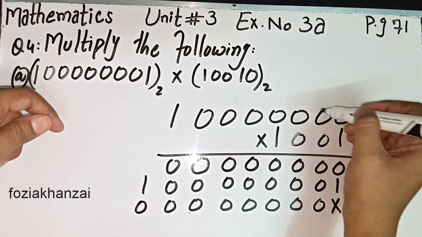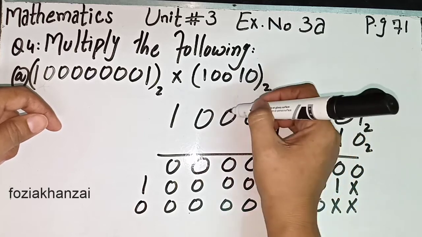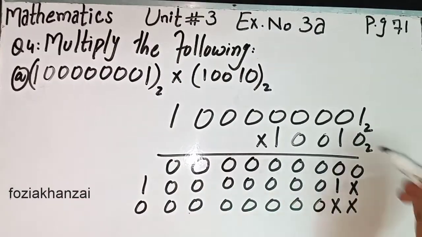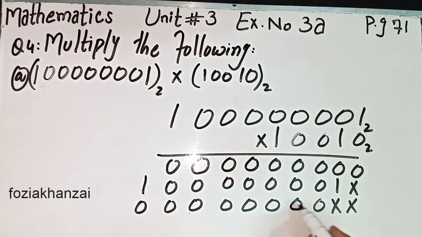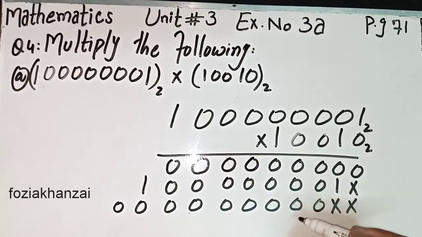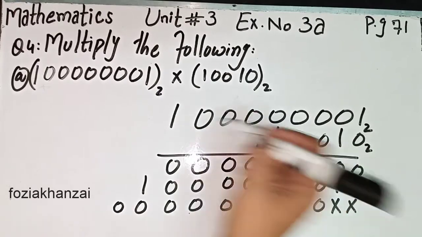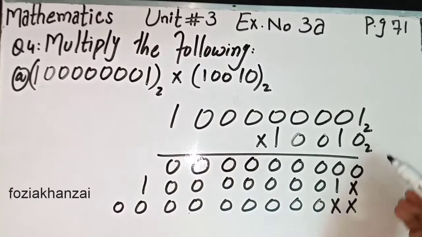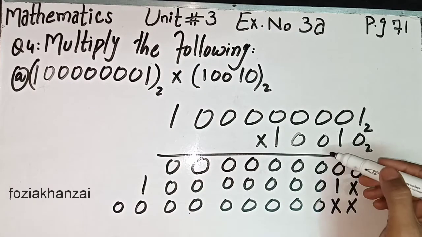We have 9 digits. So this 0 multiplied by 9 digits, so we write over here 9 0s. Clear the method. First step, second step, third step.